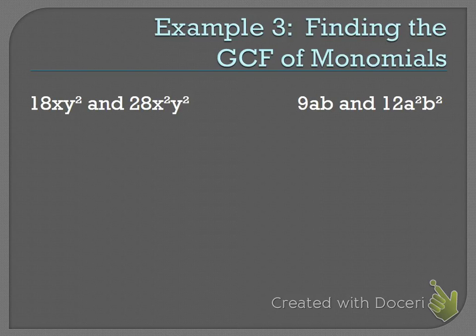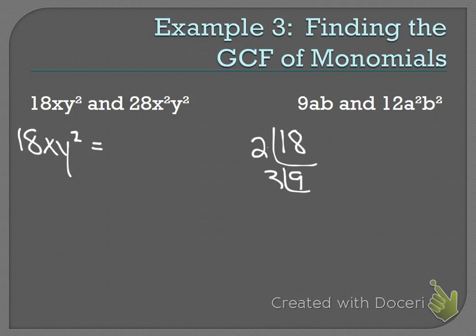So for 18xy squared, I need to know what is the prime factorization of 18. Okay, if you're having trouble with it, come over here to the side and just do a quick upside down division. So you would go 2, 9, 3. Sorry, I probably should have gone out a little farther. But it would be 2 times 3 times 3.